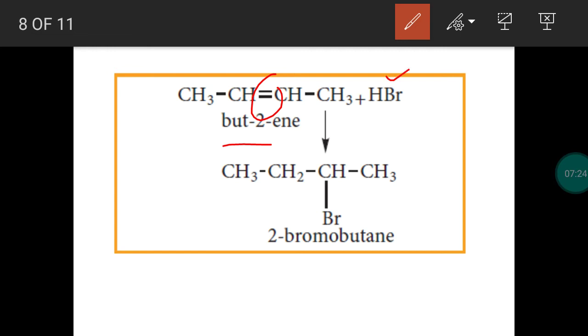With this we add hydrogen bromide. As usual, the double bond will be broken. Hydrogen bromide will be separated as H plus and Br minus. So H plus and Br minus both will attack the carbon atoms. We get a secondary alkyl halide. So this is 2-bromobutane. Okay, so the compound is 2-bromobutane.